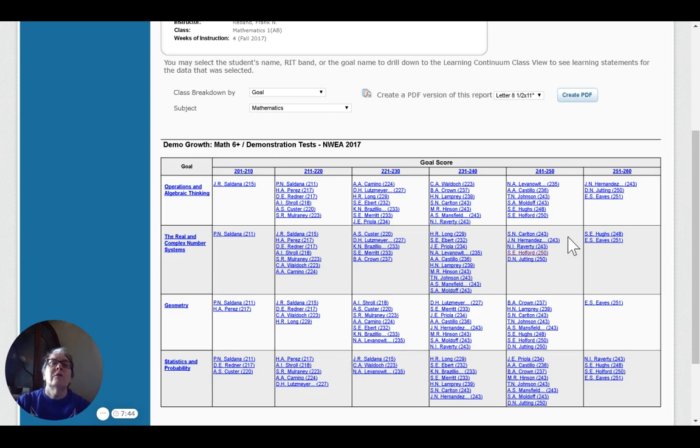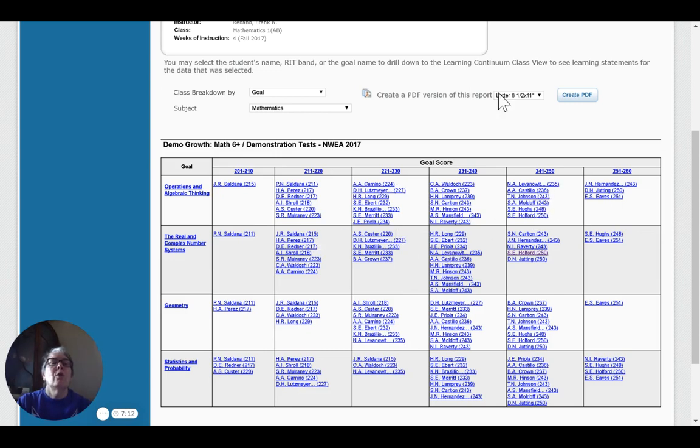If I look over at some of my other students in here, I can look at Mr. Eaves, E.S. Eaves, and notice that E.S. Eaves scored in the same column for all of the different assessments. So his mathematical ability seems to be very level across the board for these topics. So I can begin to think about how I address Mr. Saldana's weaknesses and build on his strengths.